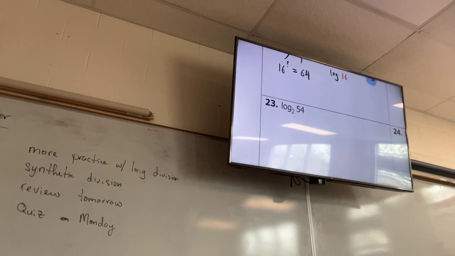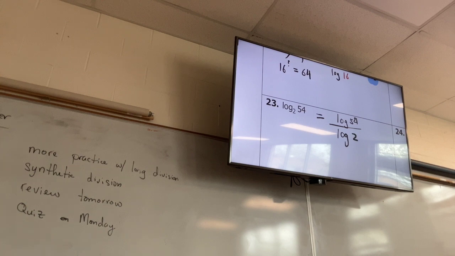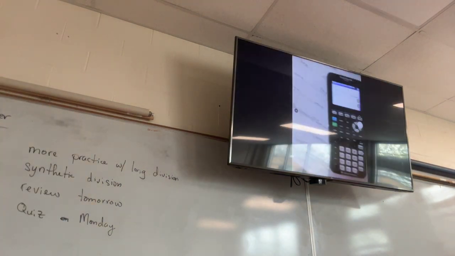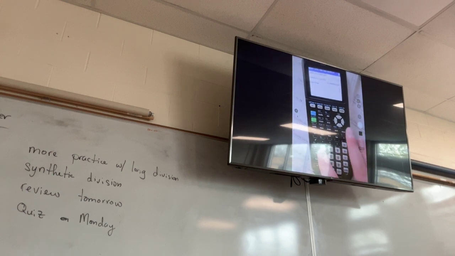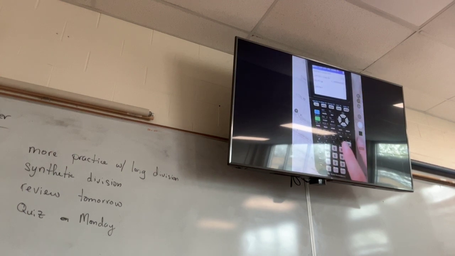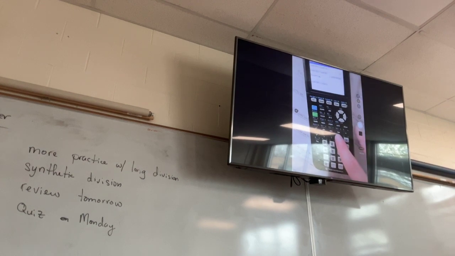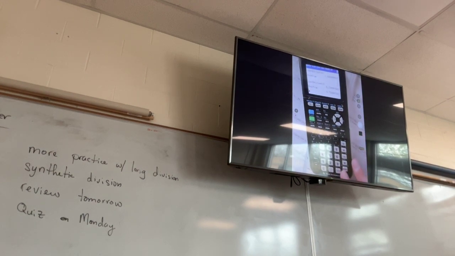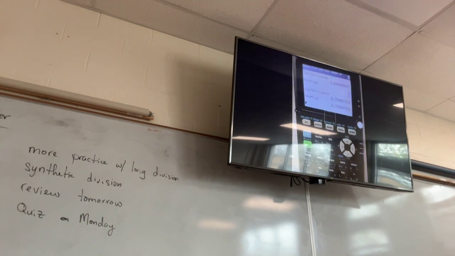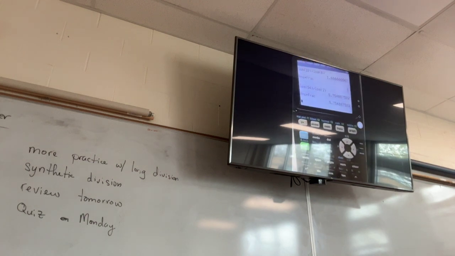All right, this one gets rewritten as log 54 divided by log of 2. Okay. Some of these are going to be irrational. So if you try to hit the fraction function, it just gives you the same thing.